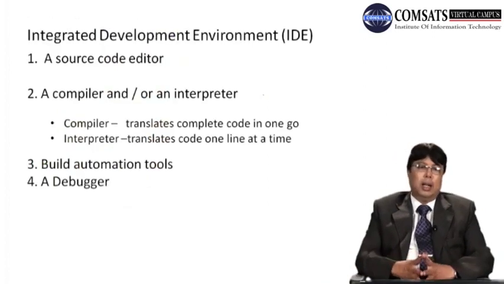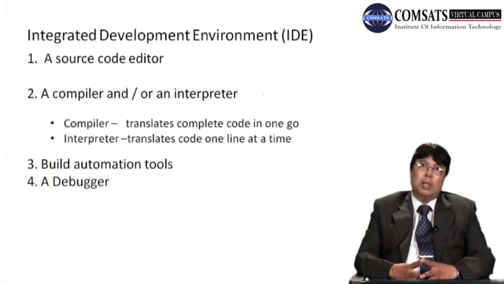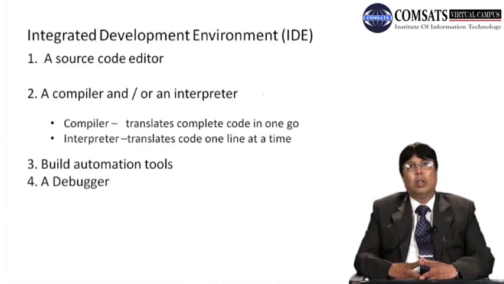But if we are working in an integrated development environment called IDE, then we have the source code editor as tool number 1. Then we have the compiler or interpreter available within this IDE environment. Today I will just quickly go through it.